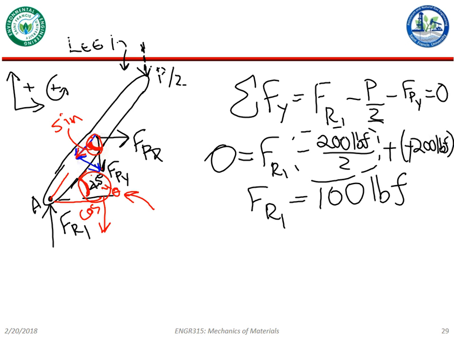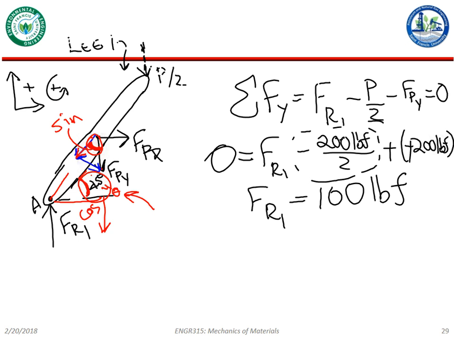So we end up getting 100 pounds, which is good, because if we didn't, then the reaction to the ground would actually be pushing into the ground. The ground wouldn't be pushing up; it would be pushing down. So it's good that this is a positive number, because Newton's third law would be having a hard day otherwise.